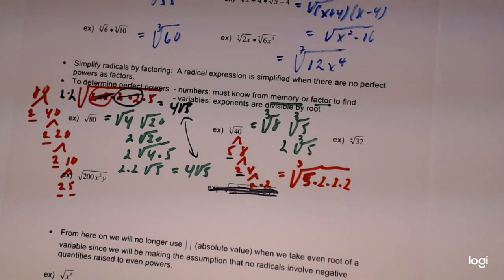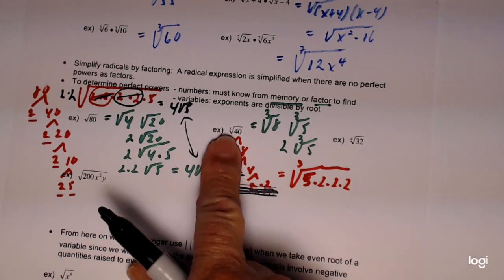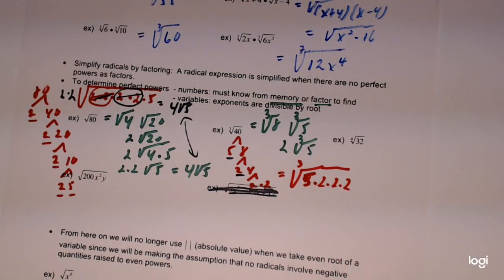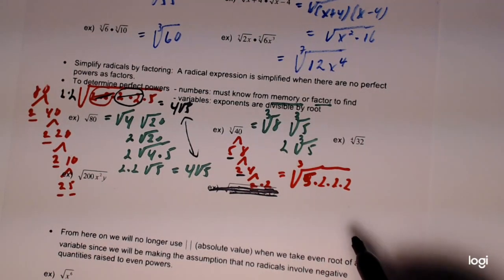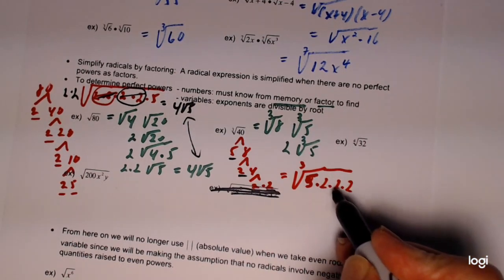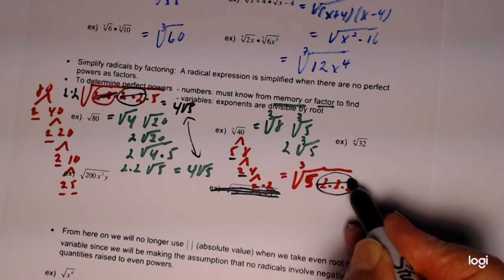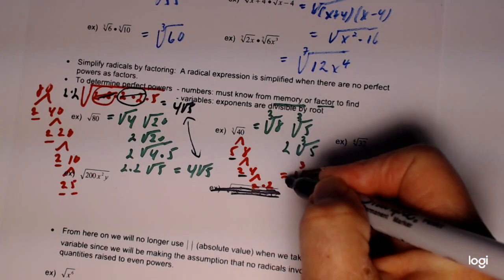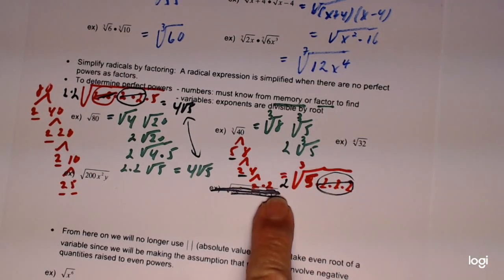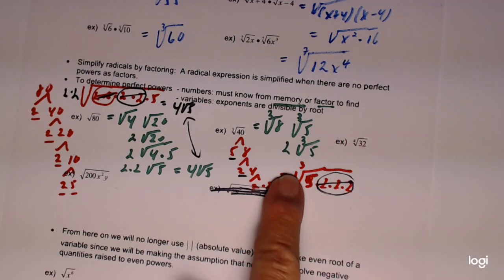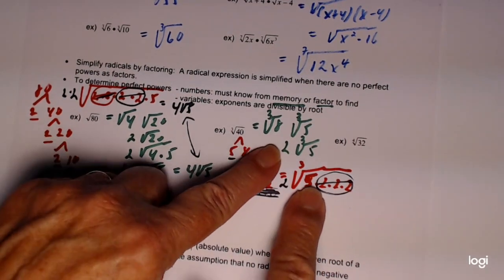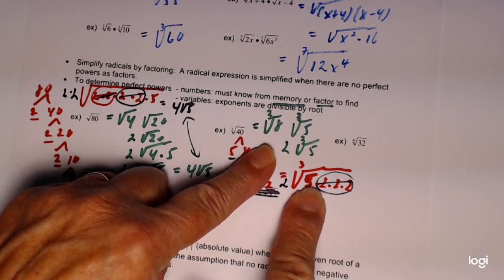For cube root, you see the 3 here. We're going to need 3 underneath the radical in order to pull one out. So 1, 2, there's 3 2s. I'm going to cross those out and put that 2 in front. So our answer would be 2 cube root of 5. Same answer that we got in the other method.